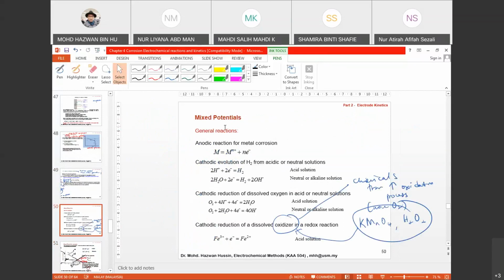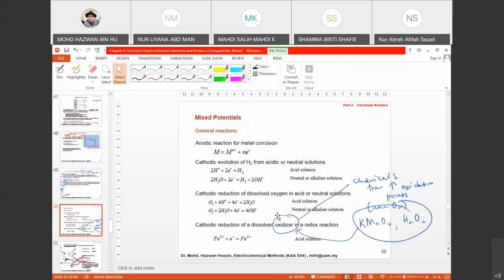As I said, for mixed potential theory, you have to consider one anodic and one cathodic reaction. You have the anodic reaction of metal dissolution or metal corrosion, and the cathodic reaction depending on the electrolyte, whether it's neutral, acidic, or with the addition of an oxidizer.